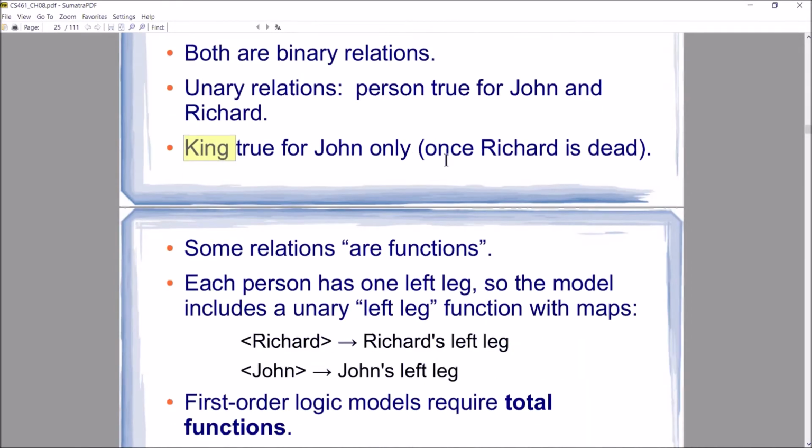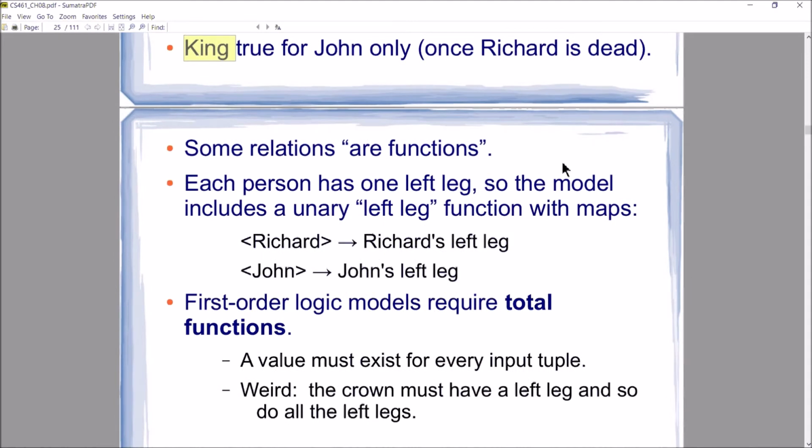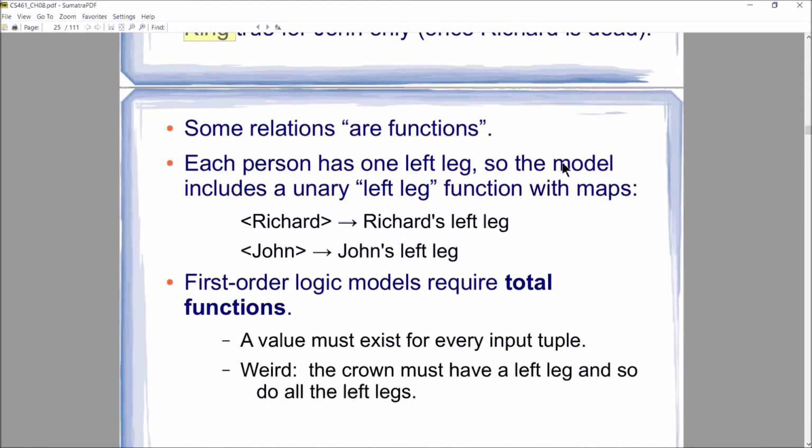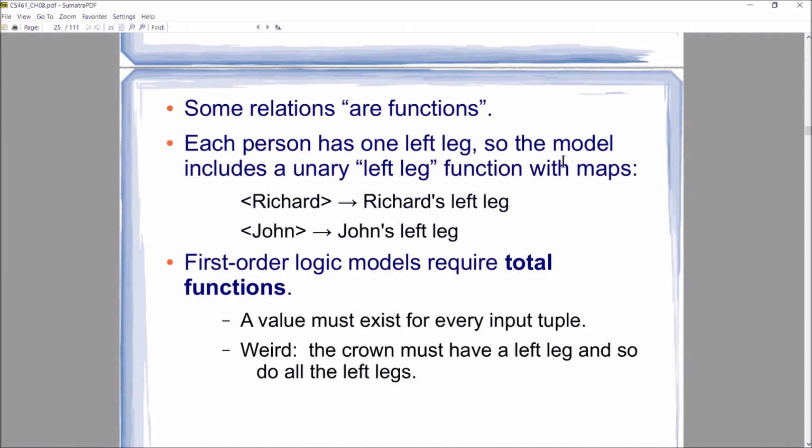Now, some relations can be better expressed as functions. And so when you talk about them as functions, think about a mathematical function rather than a subroutine or a function in C++ or something like that. That maps one thing to another, a one-to-one mapping. So each person has one left leg. So that model, that figure that I showed you, is going to include a unary left leg function, right?